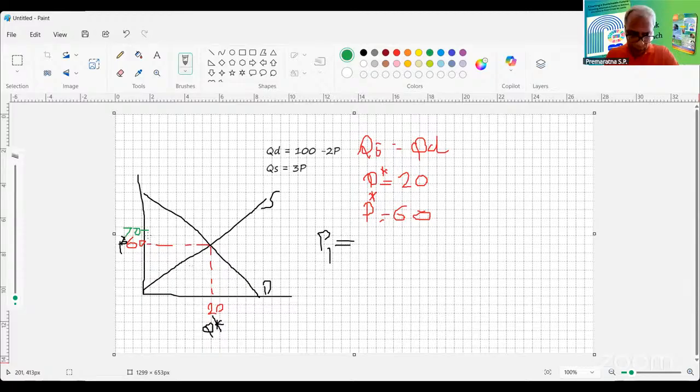Now look at the situation. You can see now demand is somewhere here. You can find quickly, supply somewhere here. The price becomes 70.